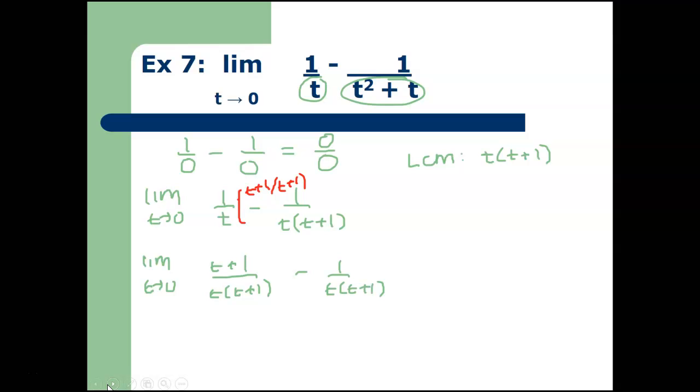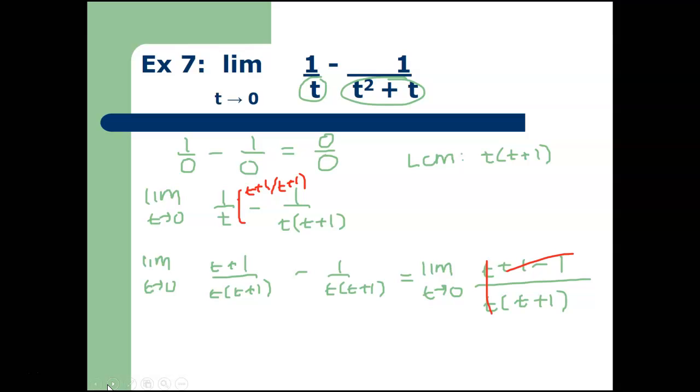Once I have a common denominator, then I know that I can subtract my numerators. So plus 1 minus 1 cancels.